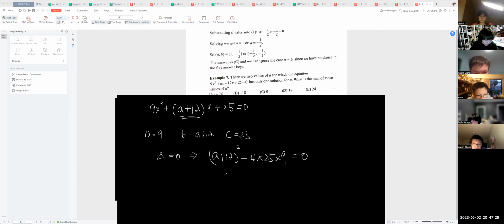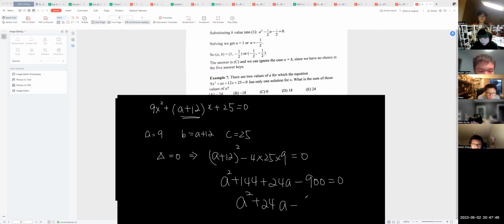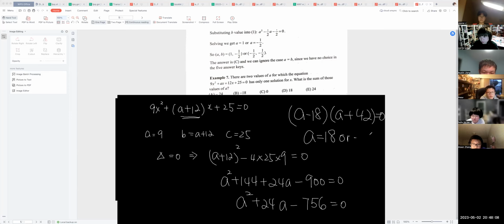So a squared plus 24a plus 144 minus 900 equals 0, so a squared plus 24a minus 756 equals 0. Factorizing: a minus 18 times a plus 42 equals 0. So a equals 18 or negative 42. The sum of the values of a is negative 42 plus 18 equals negative 24.